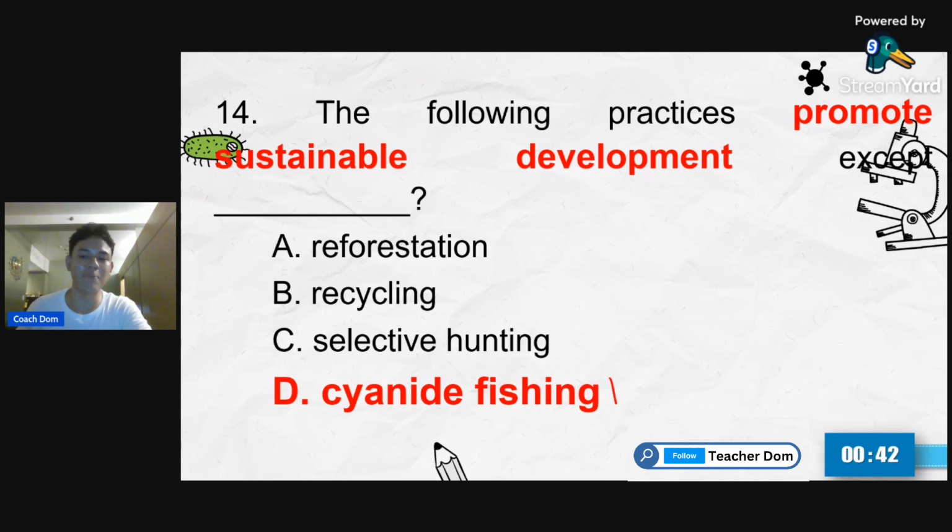Ito yung method na pagko-collect ng mga live fish mainly for use in aquariums. So maghuhuli ka ng mga fish tapos ilalagay mo lang sa aquarium as a display. Or you spray a sodium cyanide mixture into the desired fish habitat in order to stun the fish para mas madali mo mahuli. So you target a population by doing this kind of illegal action. So that is letter D, cyanide fishing.